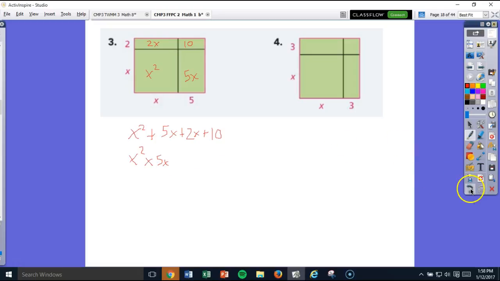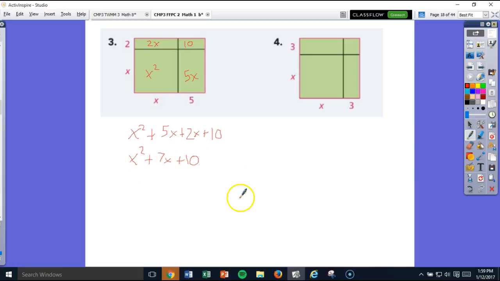Oops, sorry, let me undo that. I was just rewriting everything. So we're going to combine 5x and 2x. That gives us 7x, and this is a plus. I know I'm writing with my right hand, so it's not very good. I apologize. So we'll make this an ugly plus, or I can grab this, make it a little better for you, hopefully. Sorry about that.